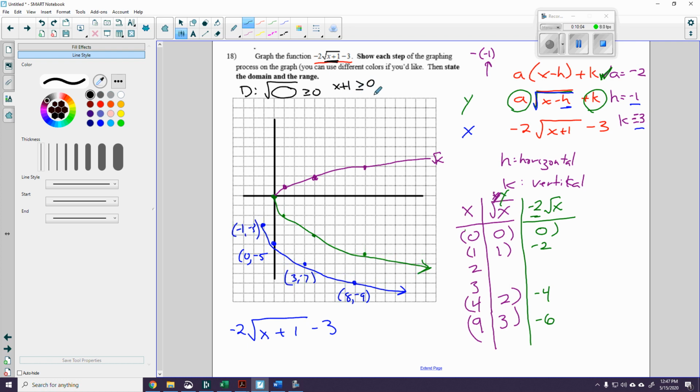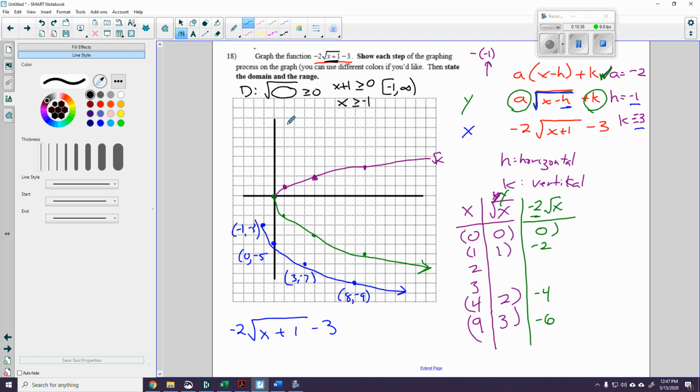So subtract 1 from both sides. I get x greater than or equal to -1, which I would write in interval notation, bracket -1, comma, infinity. And if I look at my graph, the blue graph right here, that seems to work quite well, because here my lowest x value is -1, and the graph just continues going on and on to infinity. So that is my domain.